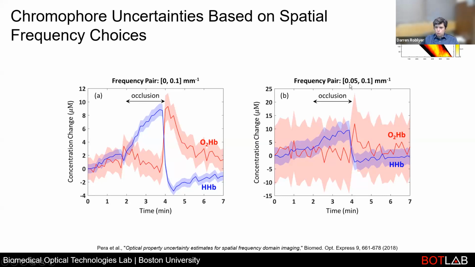But when we use 0.05 and 0.1, two spatial frequencies that are too close together, we can still see the changes, but there's much more uncertainty. Any noise in the measurement, which there's inevitably going to be in a physiological measurement, causes a large overlap between the oxy and deoxy, and the clarity of our signal is greatly decreased.